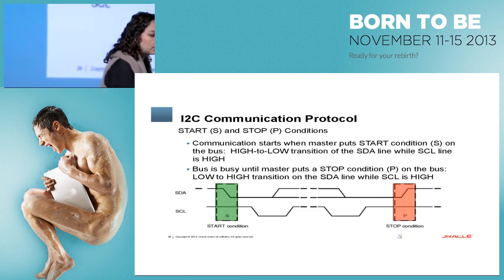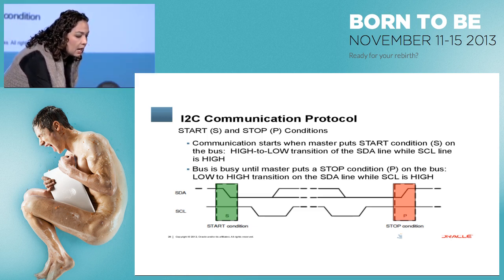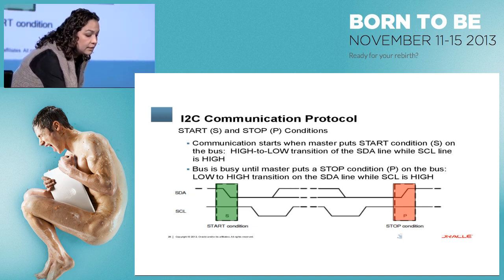So the master will send a signal high to low while the clock signal is high. That means the communication starts. Then we pass some data around, and then the stop condition happens again. The master will signal when the communication is finished. The clock line has to be high, and the master will send a signal from low to high.